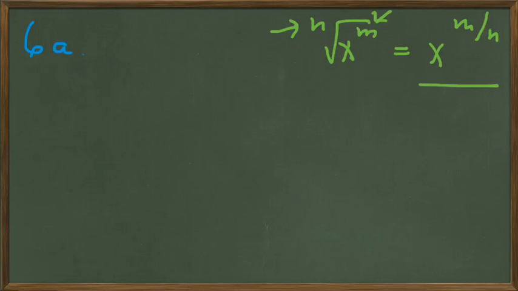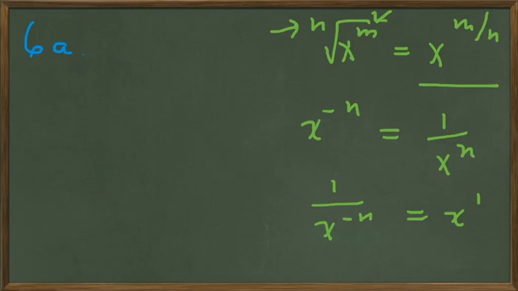Let's also note that if we have x to the minus n, a negative exponent means move that exponent to the denominator, and we can also do that in reverse. If it's negative in the denominator, it is positive in the numerator. So let's apply that to these 6a, b, and c.